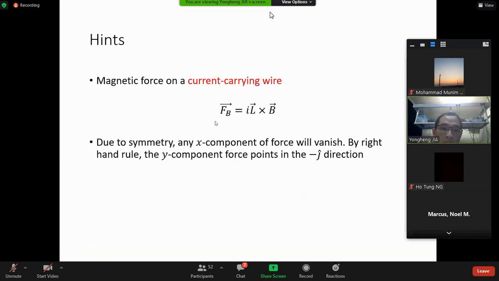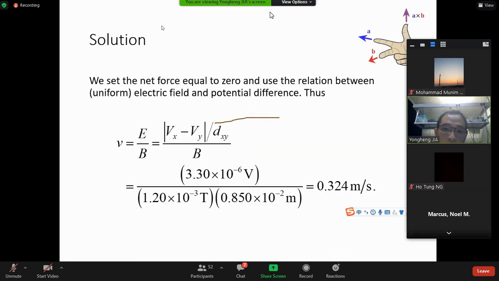Now for the magnetic force on a current-carrying wire, we can calculate the magnetic force using this formula. Here again, you should always remember the sequence. It's L cross product with B. The direction of L is the current direction.